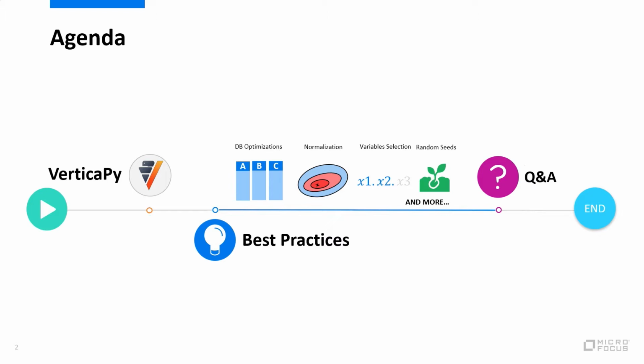We will see also why it is important to select the right variables, and why seeding or not seeding, for example, the randomness of some algorithms, and much more than this, because you have hundreds of ways of optimizing the computation in VerticaPy, and we will just see a few of those techniques.